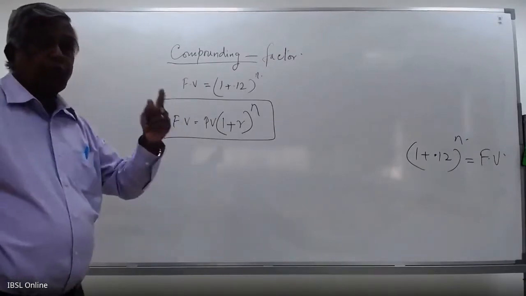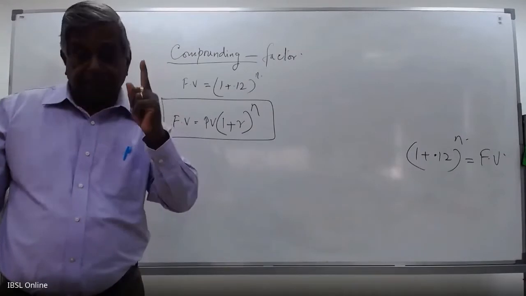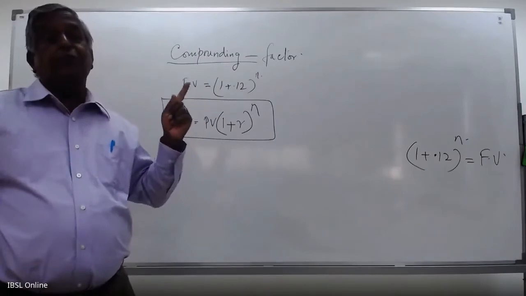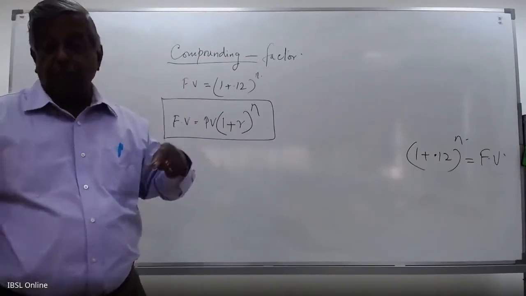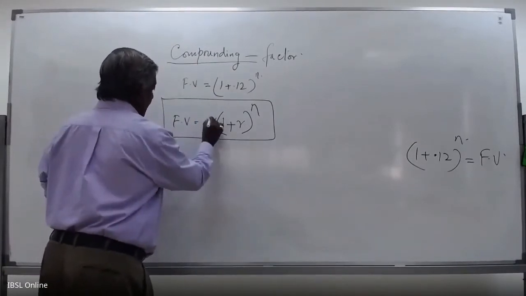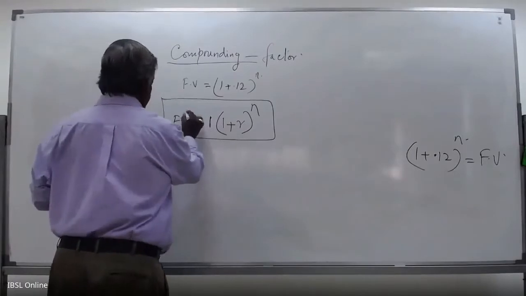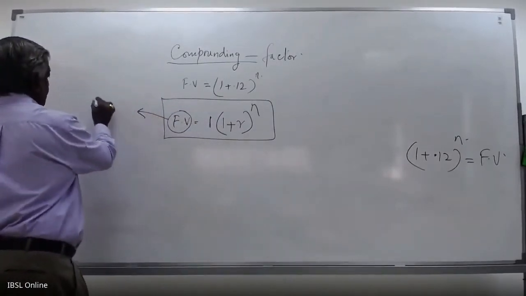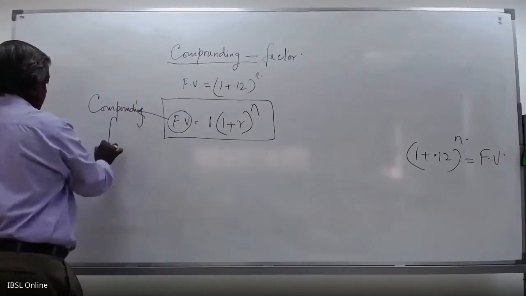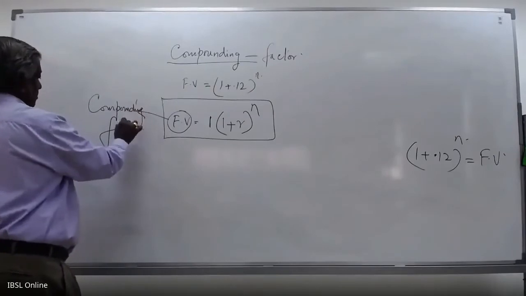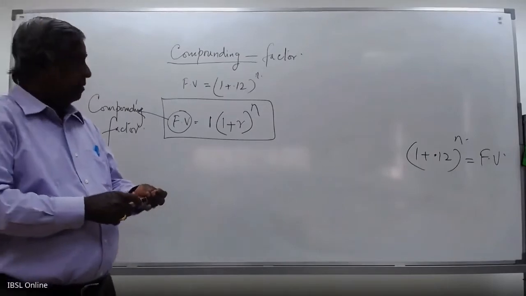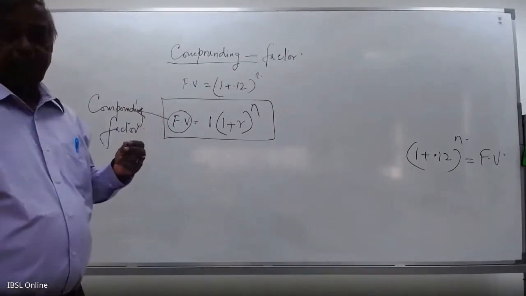When you use 1 rupee as the present value, what is the future value you are getting? That is the compounding factor. When PV is 1, the FV is the compounding factor.